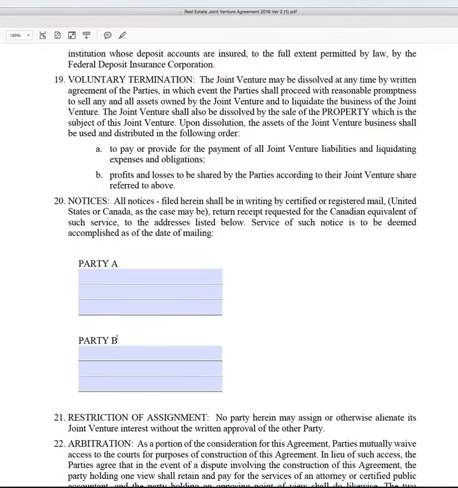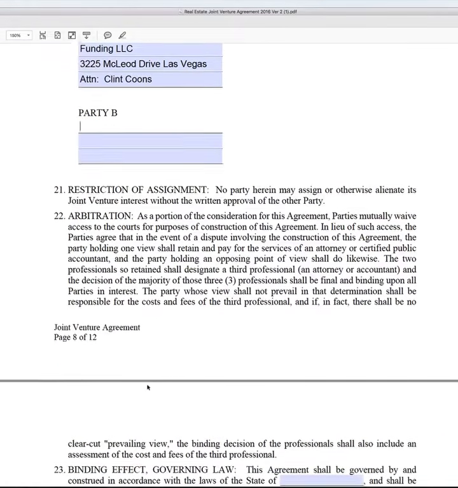So I think we use Funding LLC, and maybe the address for it is 3225 McLeod Drive, Las Vegas. Down here, attention, Clint Coons. And you do the same thing for the investor LLC; all that information gets completed.